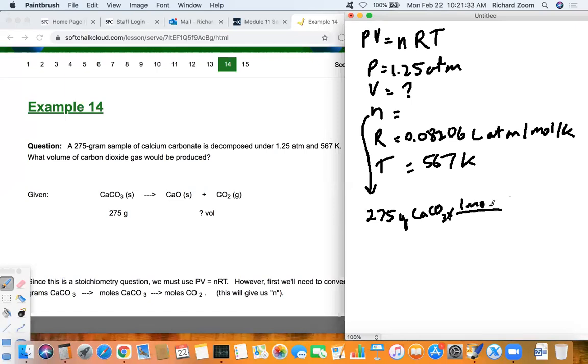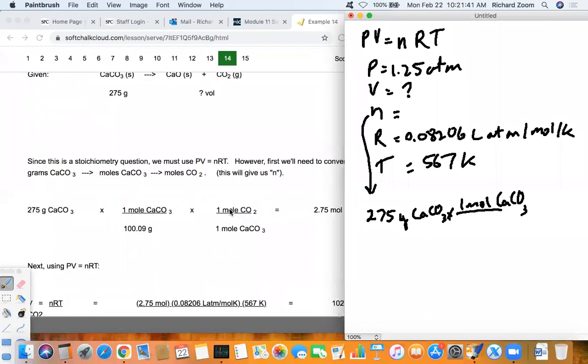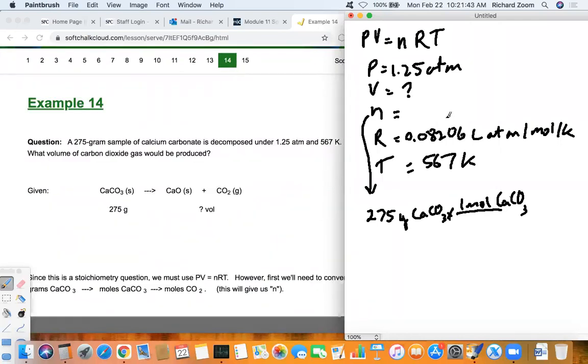So 1 mole of CaCO3 over the molecular weight, which is 100.09 grams of CaCO3. And then we can convert that into moles of CO2 using the stoichiometry. So it's like what we did in Module 9. It all comes back to haunt us again.